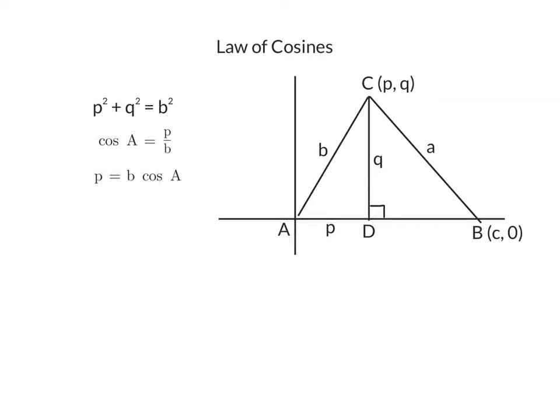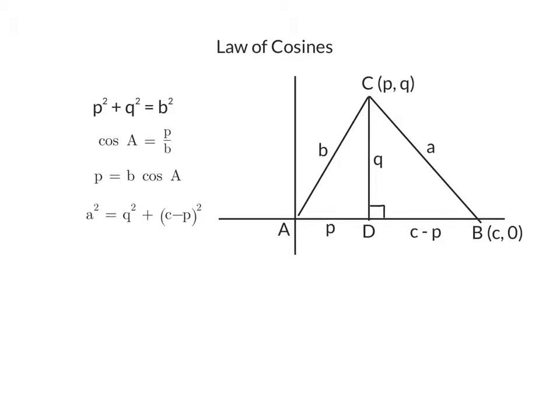Well, if B has an x-coordinate C and AD is equal to P, then DB must be equal to C minus P. Now it is fairly a simple case of using the Pythagorean Theorem to get an expression for A squared. And namely that A squared is equal to Q squared plus the quantity C minus P squared.